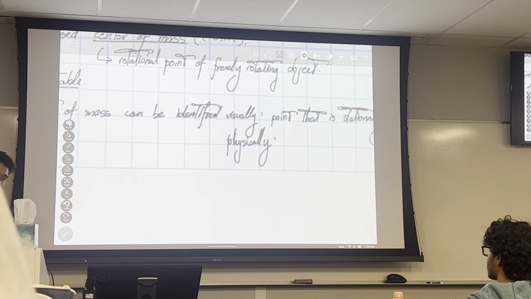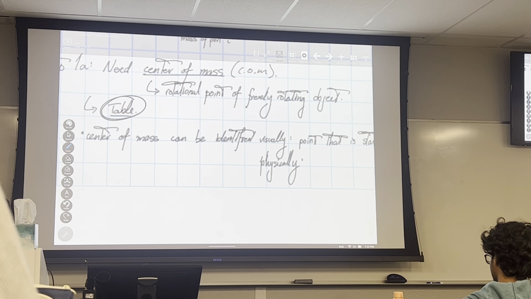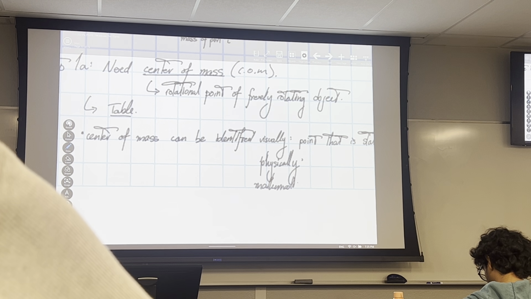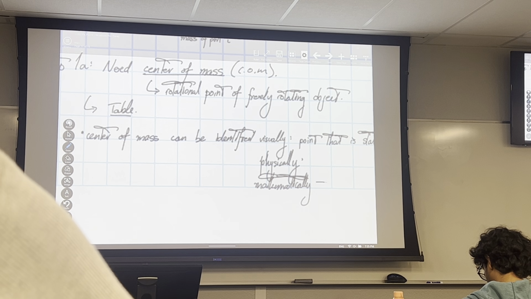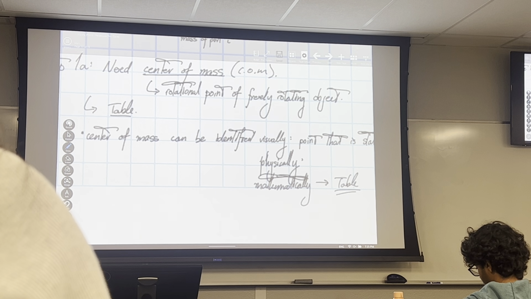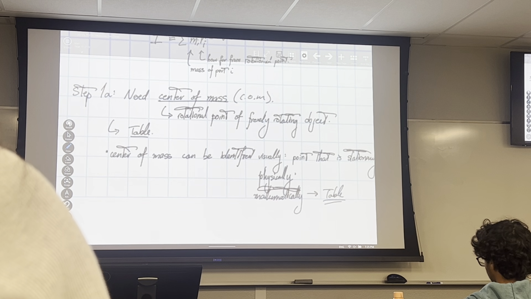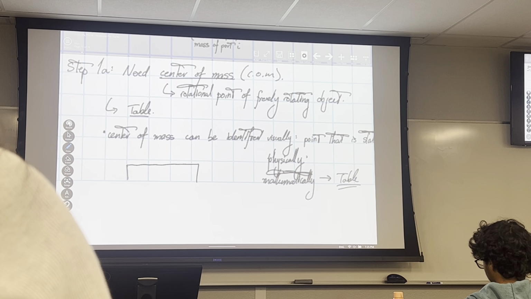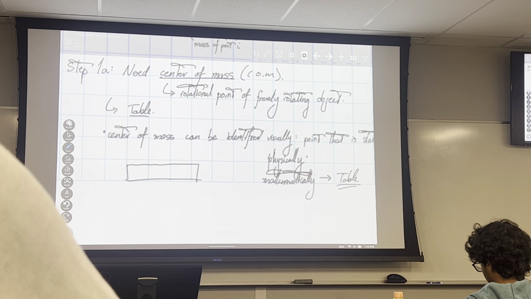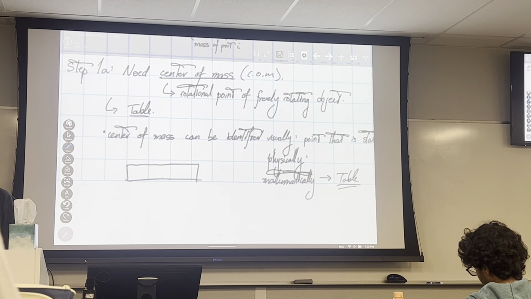But we don't care about visually or physically, we care more about mathematically, and this is when that table comes in. So mathematically, for this, you need to look at the table. Different geometries will have different centers of mass. For example, let's say we have a rod like this. Where do you expect the center of mass to be if it's uniform? Right in the center.